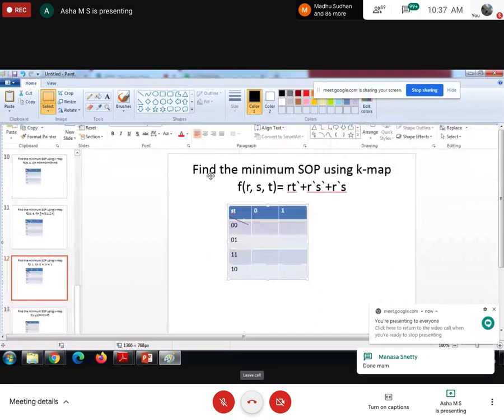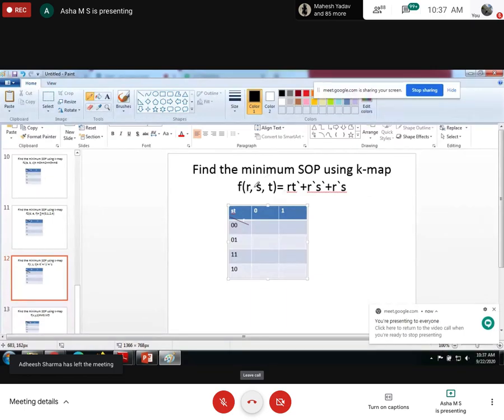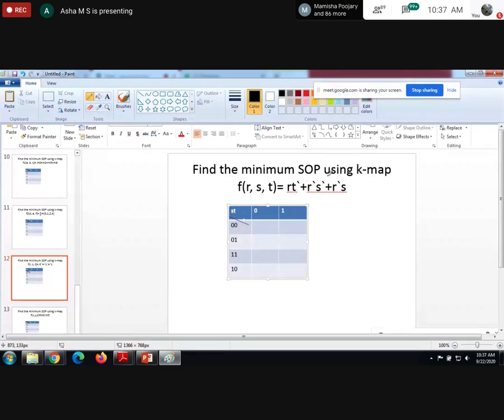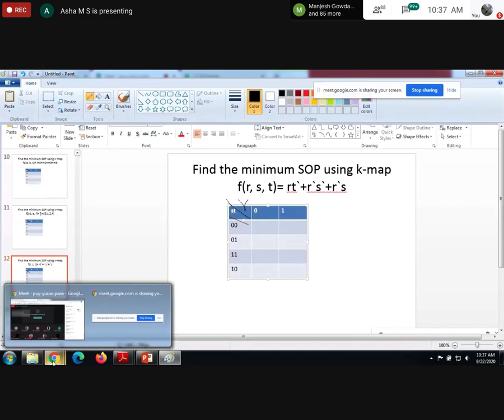So the next problem is also to find the SOP using the K-map. What is given here in the function? They are using the 3 variables R, S, T. Here, instead of min terms or decimal numbers, they have given the products. Okay, here some mistake is there. So here R, here R, here S. Can you people solve this?